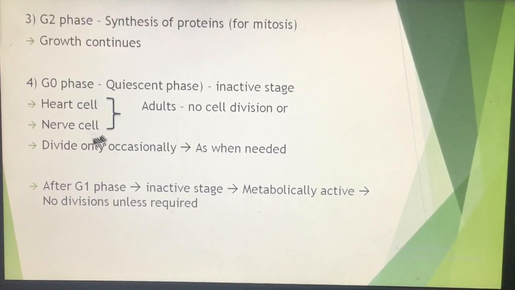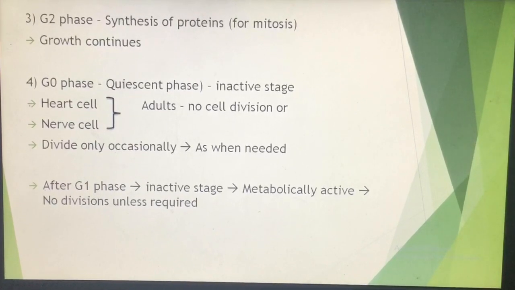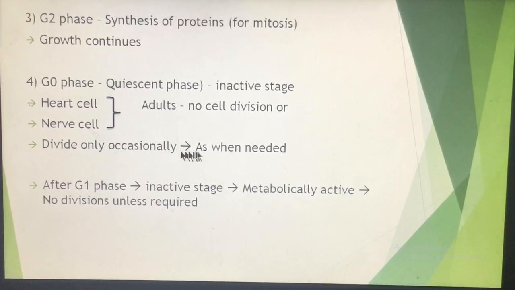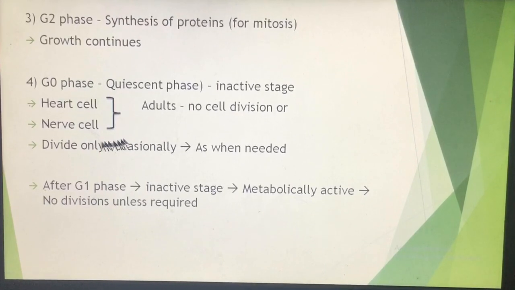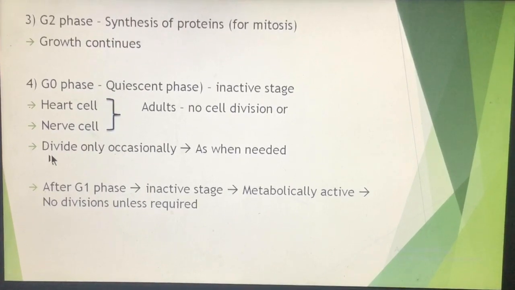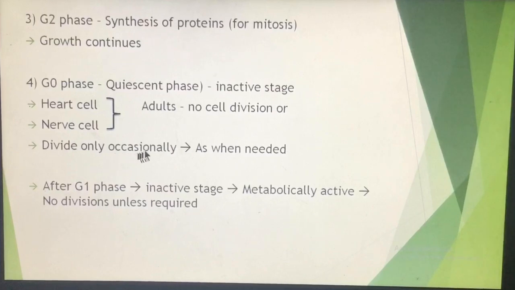There are certain cells in our body which divide occasionally. Occasionally means as and when required. Suppose there is some injury in our body and some cells are lost. So those cells which are lost during the injury have to be replaced. So in that case, our body needs those cells. As a result, cell division takes place. So there are many cells in our body which divide occasionally.